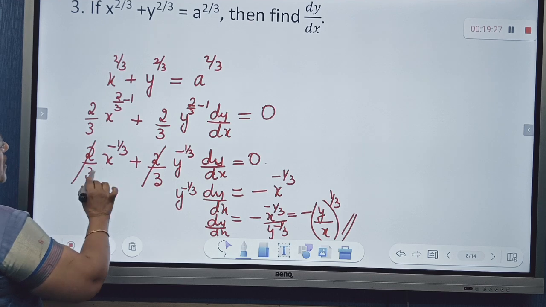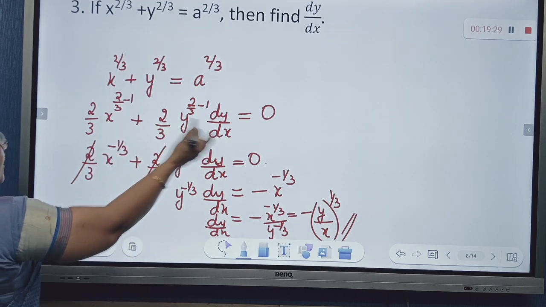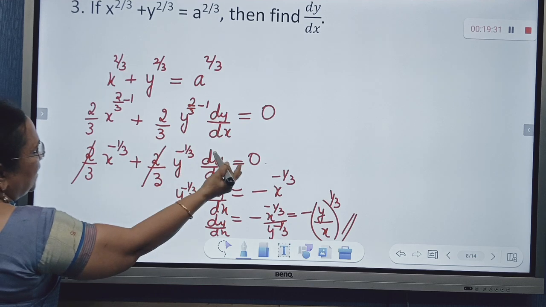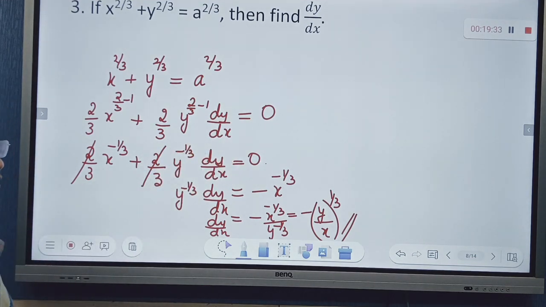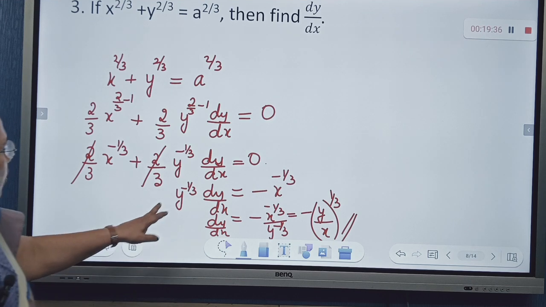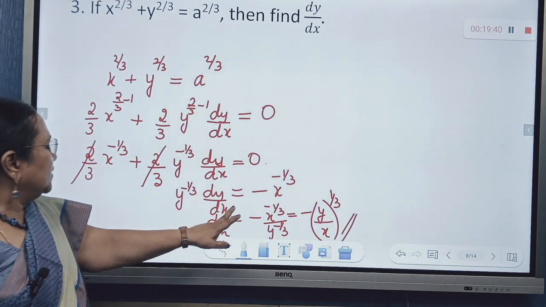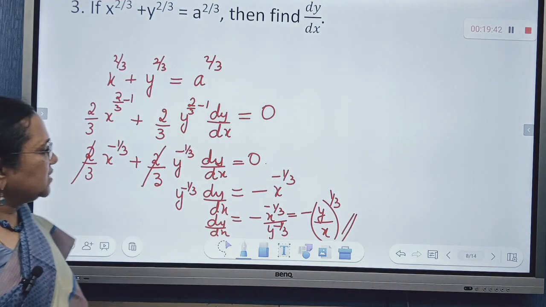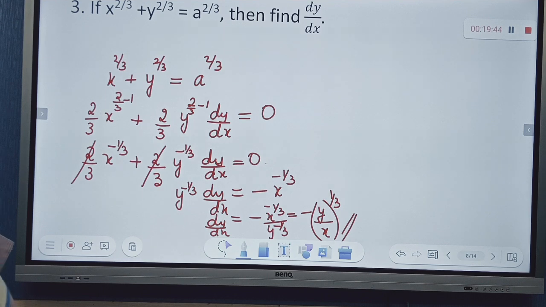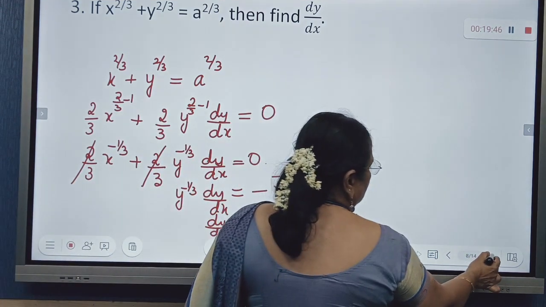Now I have just further simplified because I can take 2 by 3 outside and the right hand side is 0. I am just cancelling off that 2 by 3. So I get y power minus 1 by 3 dy by dx is minus x power minus 1 by 3, or dy by dx is minus y by x to the power 1 by 3.